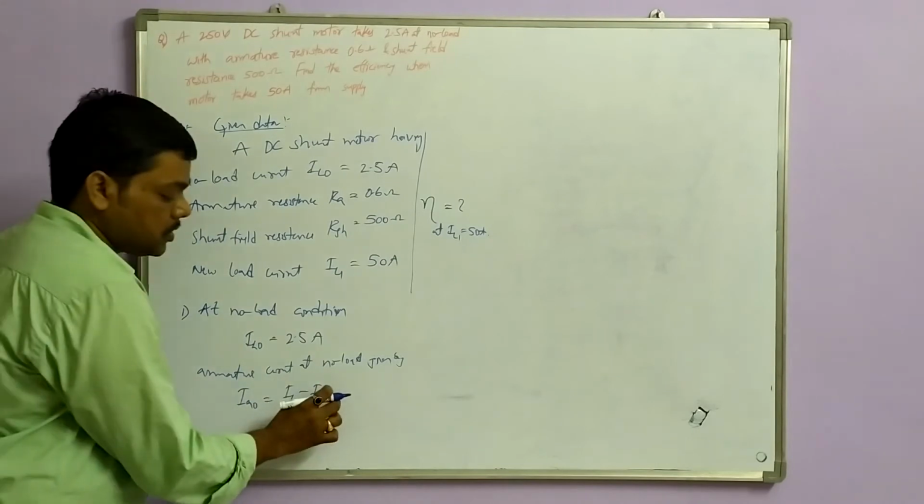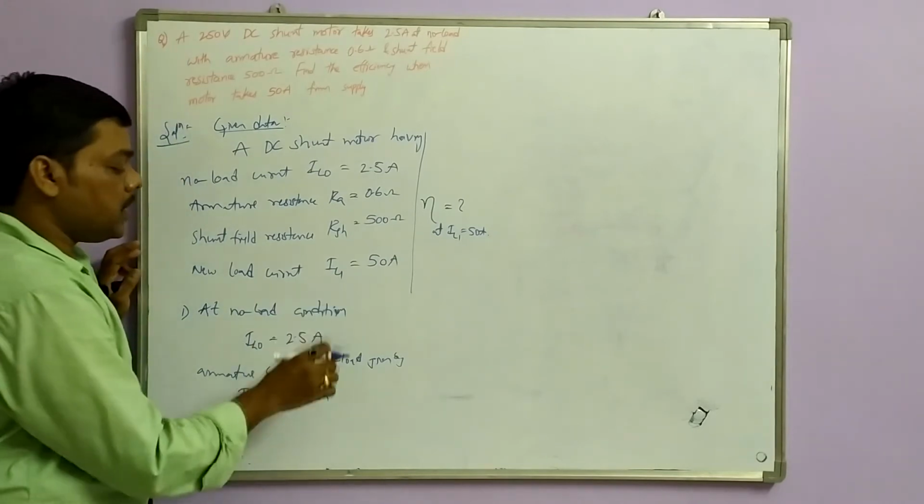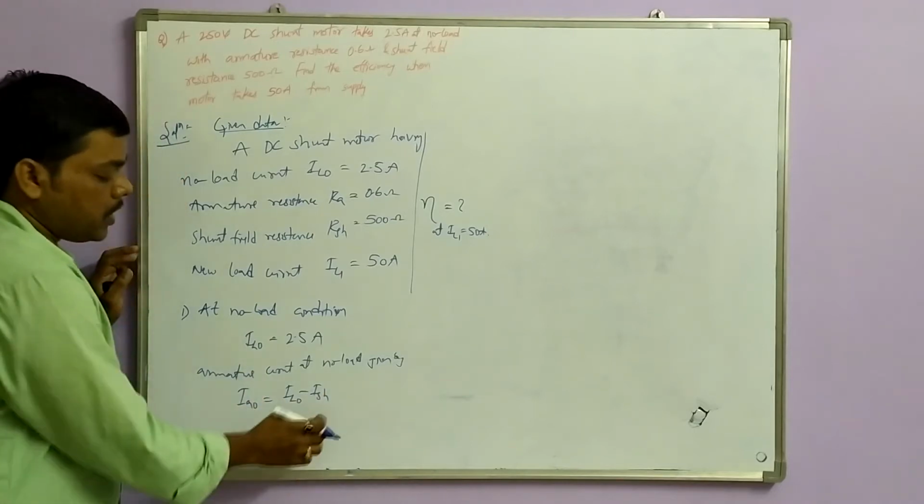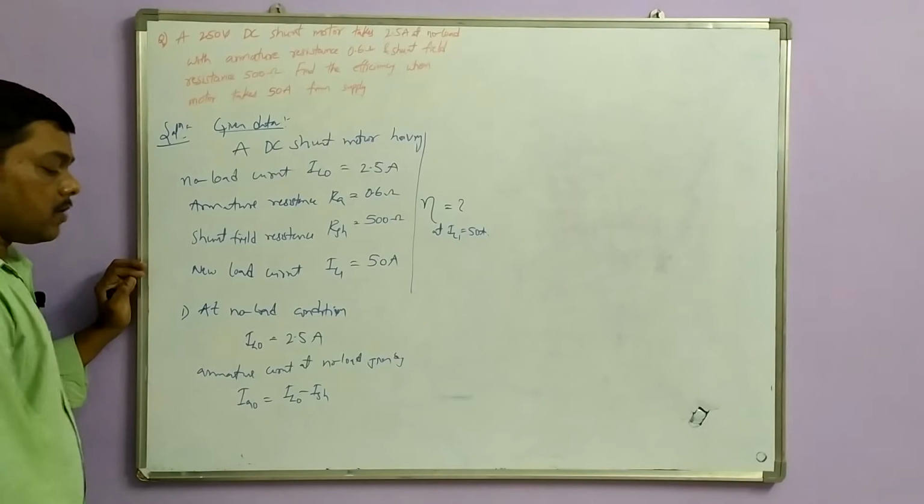Again, the flux is constant in a shunt motor, so the shunt current will be constant. So what is the armature current at no load? We have to calculate the shunt current first.